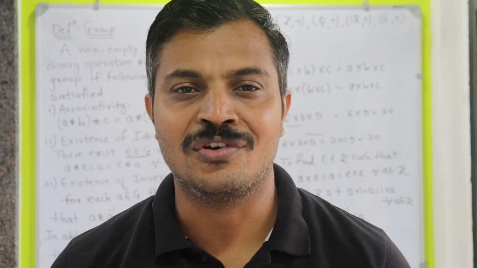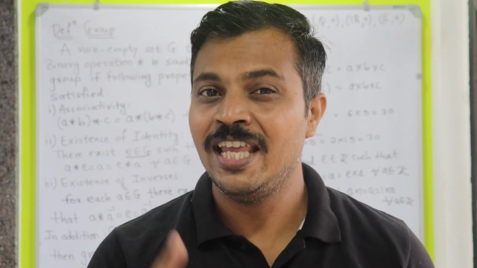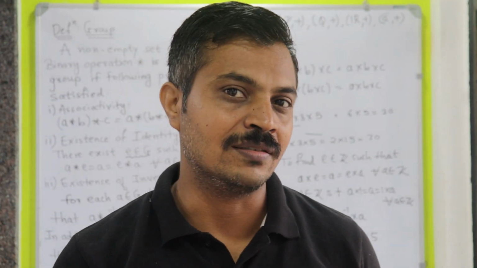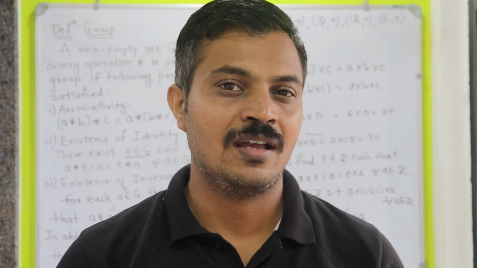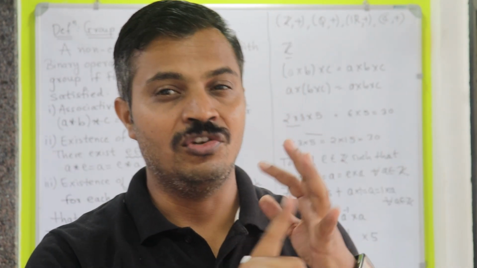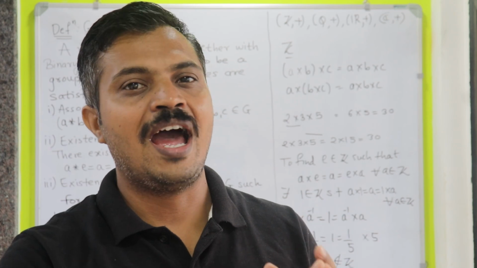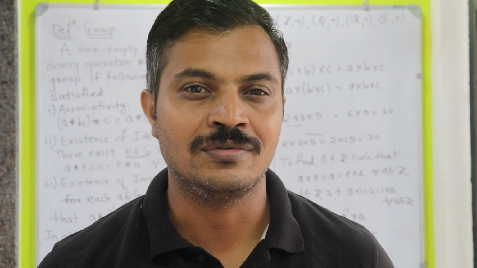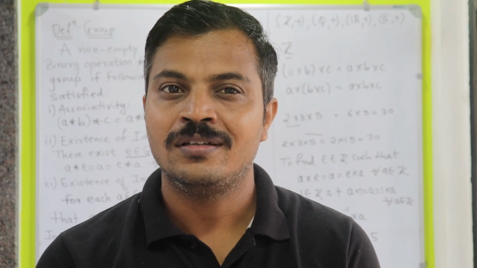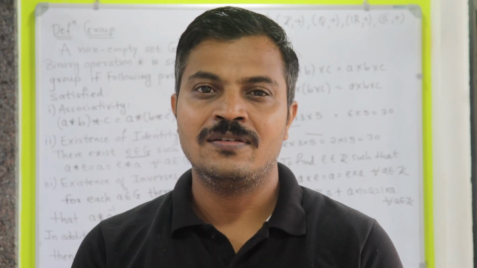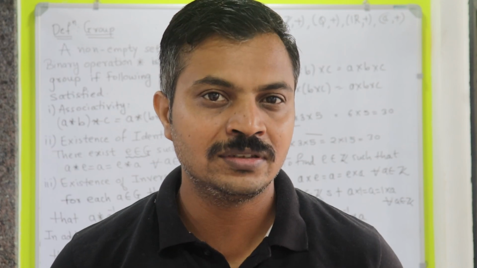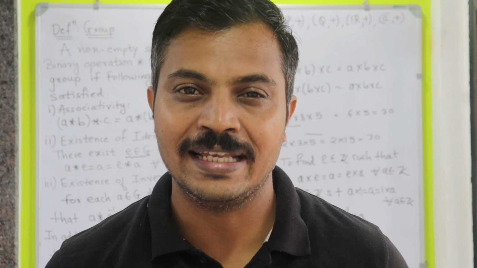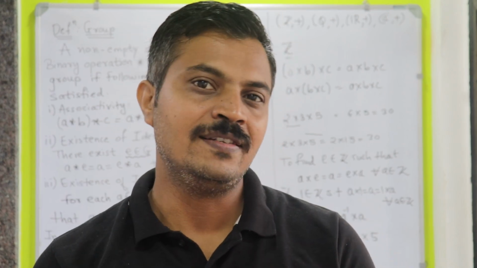That is the issue for the set of rationals. The same issue is there for the set of reals and the set of complex numbers. Thus, our conclusion is that Z, Q, R and C are not groups with respect to multiplication. The reason is that the multiplicative inverse of 0 does not exist in all these sets.